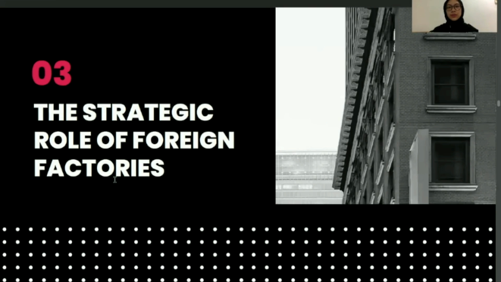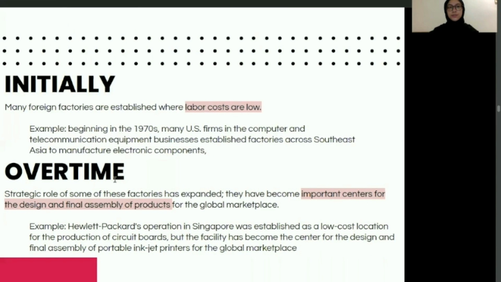So the third thing that we're going to talk about is the strategic role of foreign factories. Whatever the rationale behind establishing a foreign production facility, the strategic role of a foreign factory can evolve over time. Initially, many foreign factories are established where labor costs are the lowest.